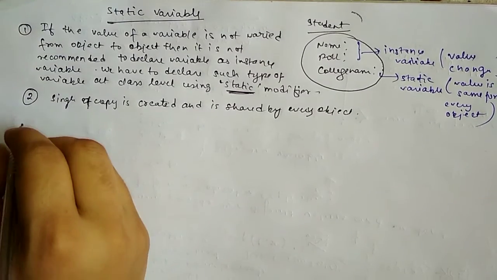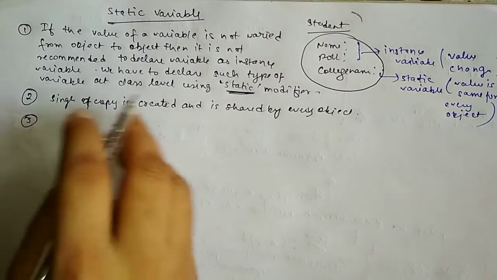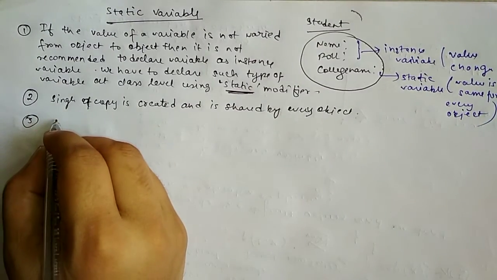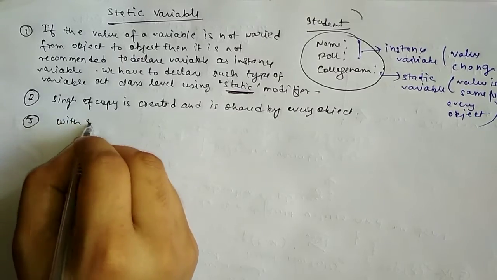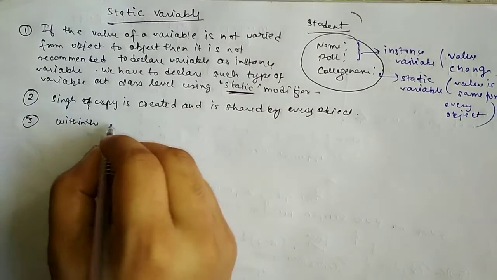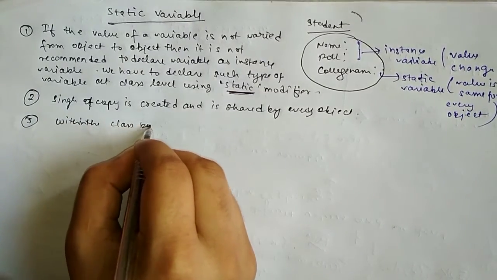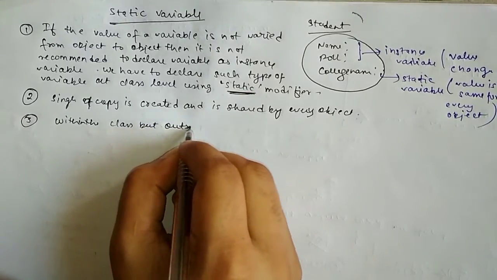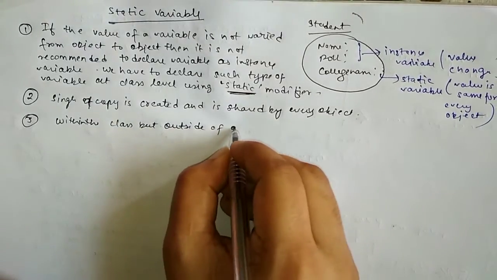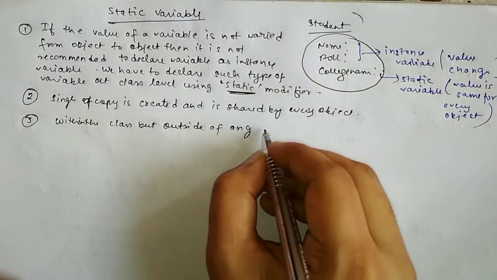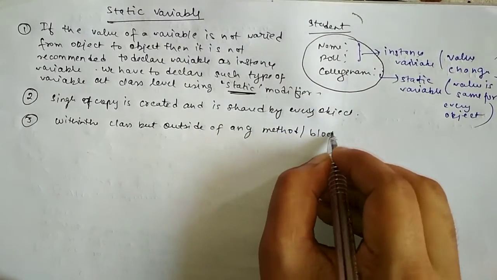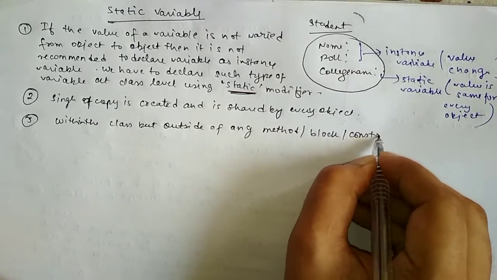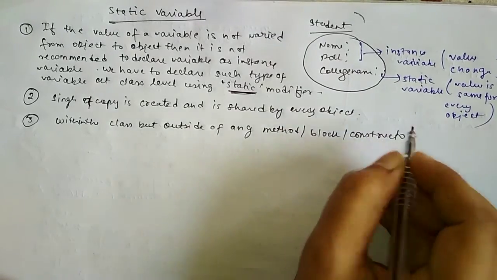And now, where can we declare this static variable? We can declare it within the class, but outside of any method, block or constructor.